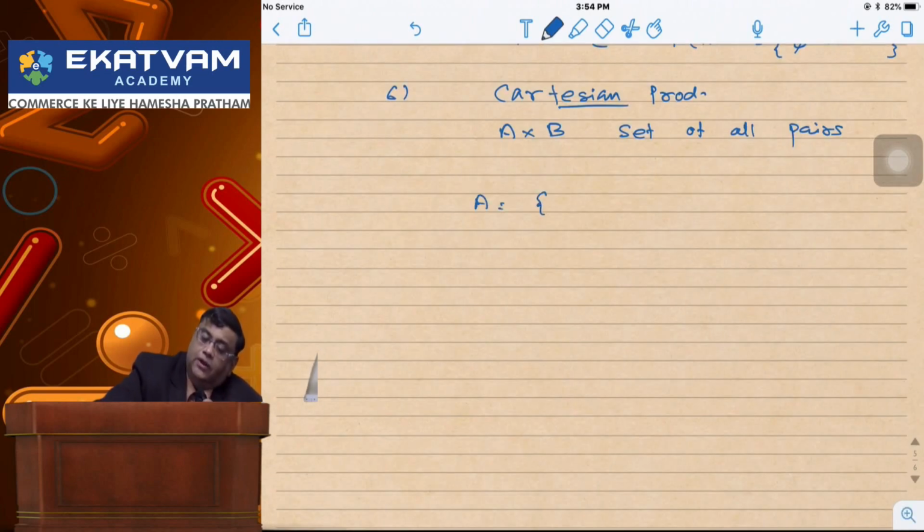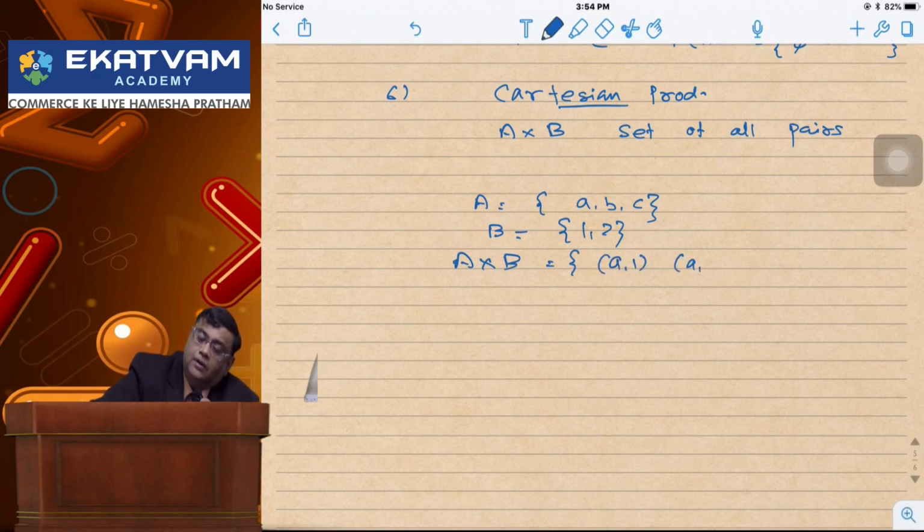A equal to {A, B, C} and B equal to {1, 2}. My question is, tell me what is A cross B? It's (A,1), (A,2), (B,1), (B,2), (C,1), (C,2). But इसमें always remember, first is X and second is Y.